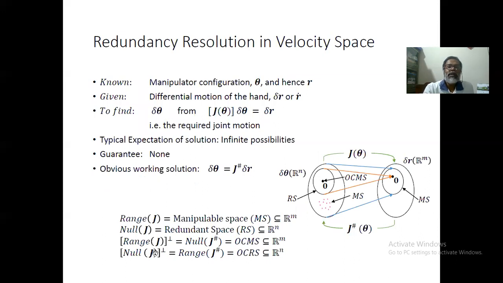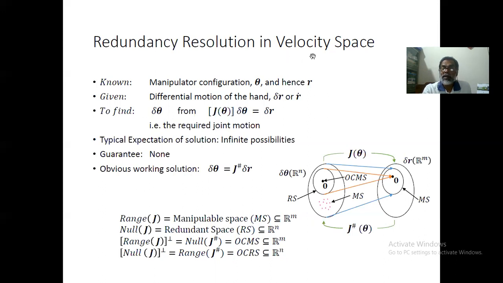Now, we talked about redundancy resolution, which may be attempted in velocity space or in position space. In different situations, you will have different tasks. Your tasks will be cut out in different ways. So suppose, to begin with, we consider the redundancy resolution in velocity space. What is known is the manipulator configuration.